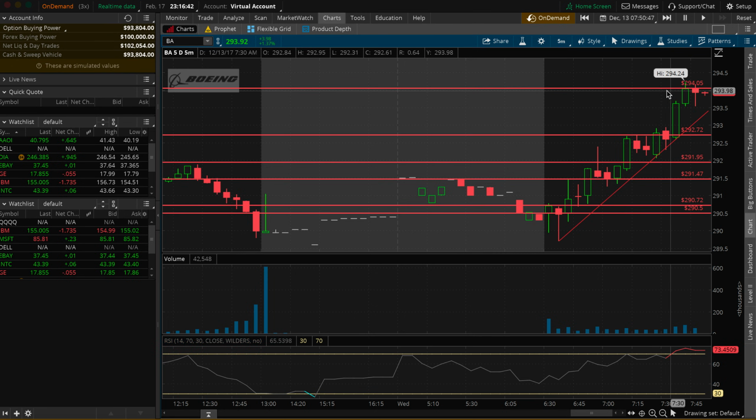So this is resistance. No bear flag, or bull flag. See, bull flag, bull flag.